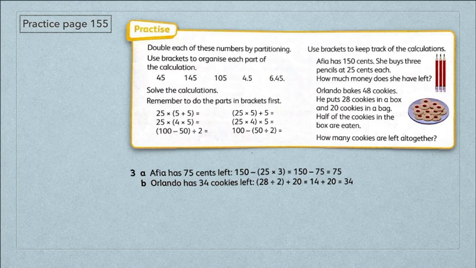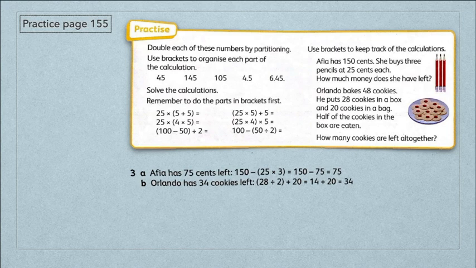Part B. Orlando bakes 48 cookies. He puts 28 cookies in a box and 20 cookies in a bag. Half of the cookies in the box are eaten. How many cookies are left altogether? So basically Orlando has half of the cookies inside the box plus all of the cookies in the bag. So we will write whatever I told you mathematically.